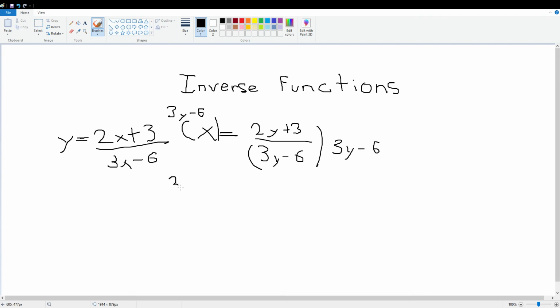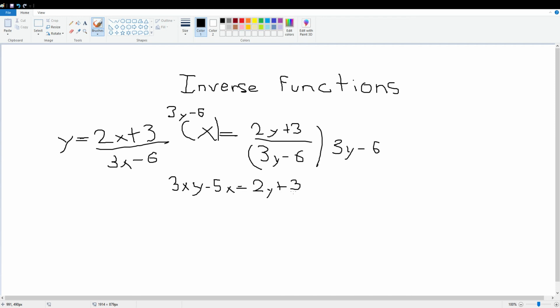We get 3xy. I'll rearrange the y and x. 3xy minus 6x is equal to 2y plus 3. Now here's where a little tricky part comes in.